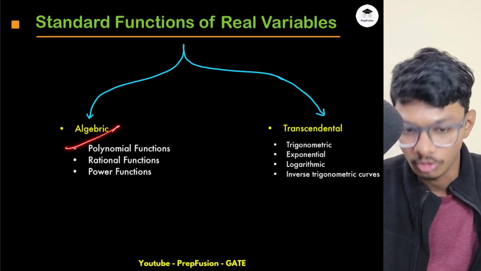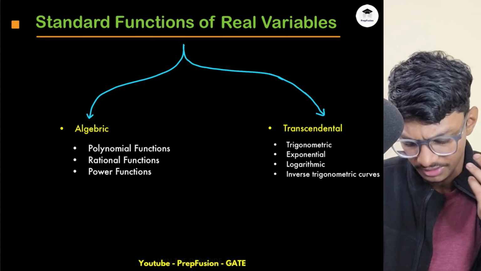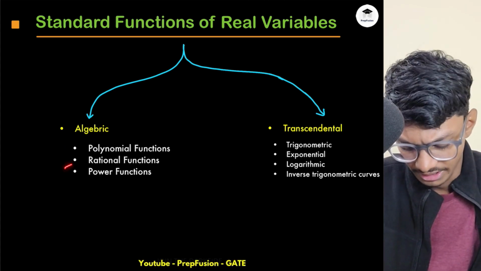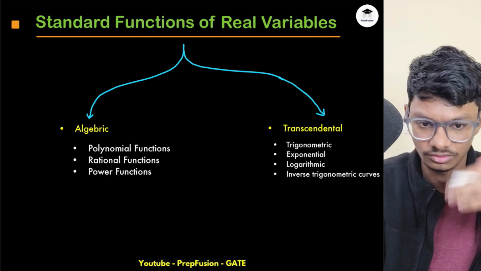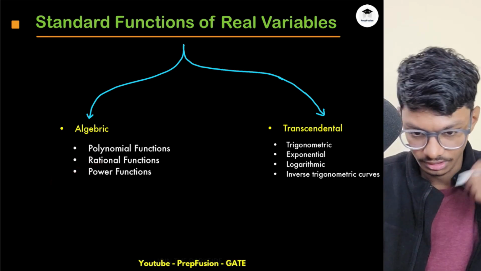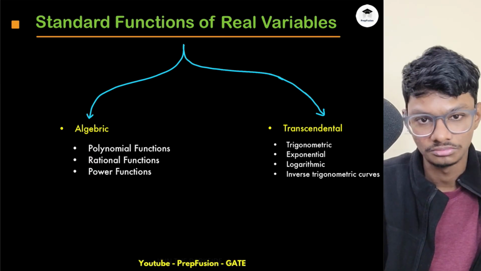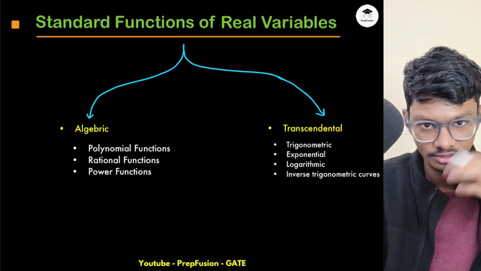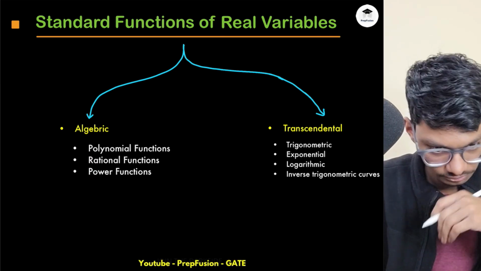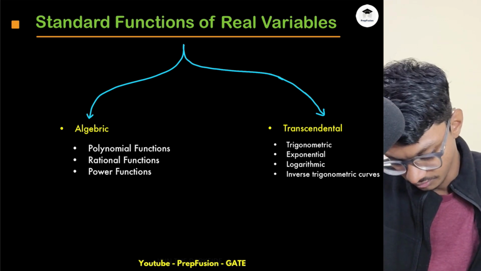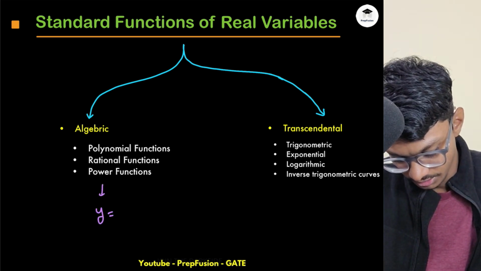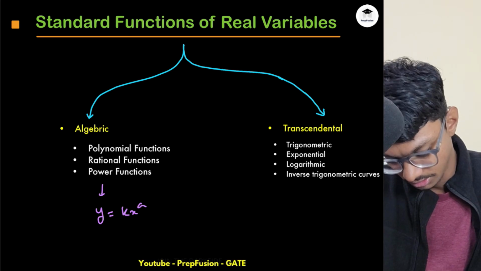So here these are polynomial functions. They are simply x square plus 2x plus 3, all those things. Then rational functions, x plus 1 divided by x minus 1. Then power functions, like y equals k x raised to power a. Let me give you examples here. Y equals k x raised to power a.